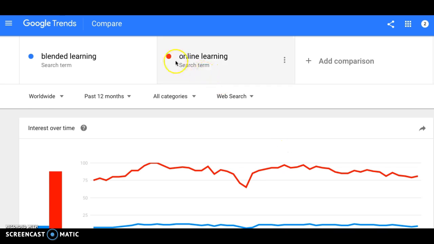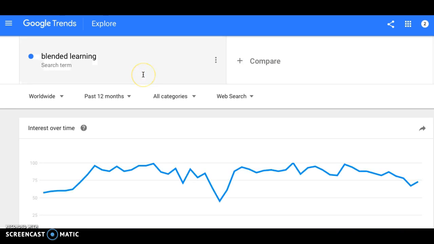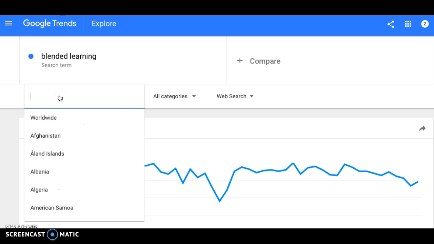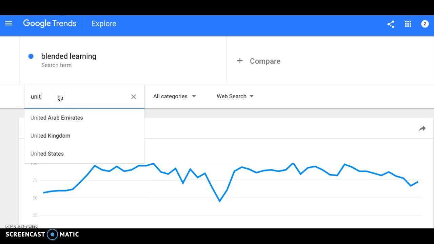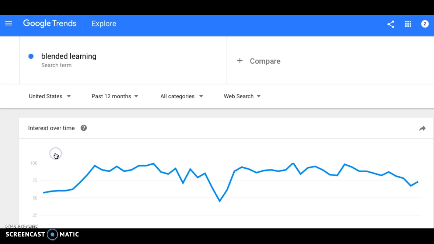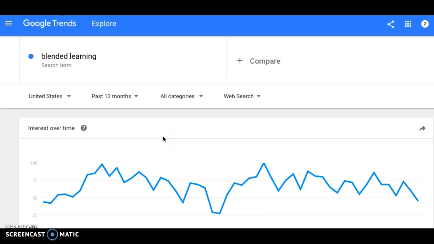So it's very fascinating to take a look at our comparison points, and we can always quickly remove those. We can also, if we want to search for things, just search in the United States or any other region of the world. And so this is the United States for the past 12 months and our interest in blended learning.